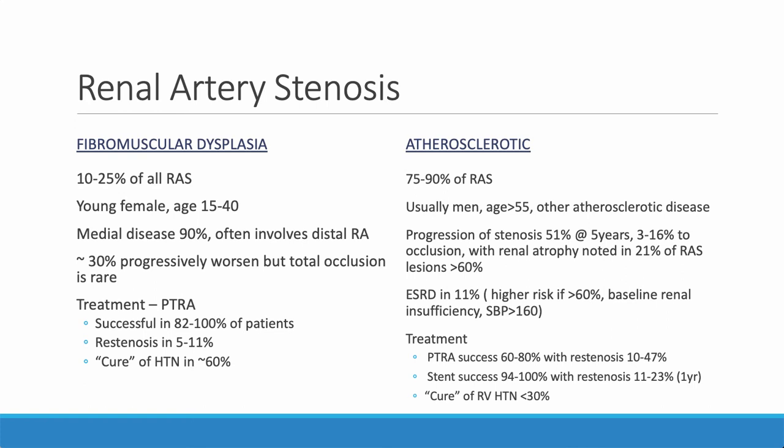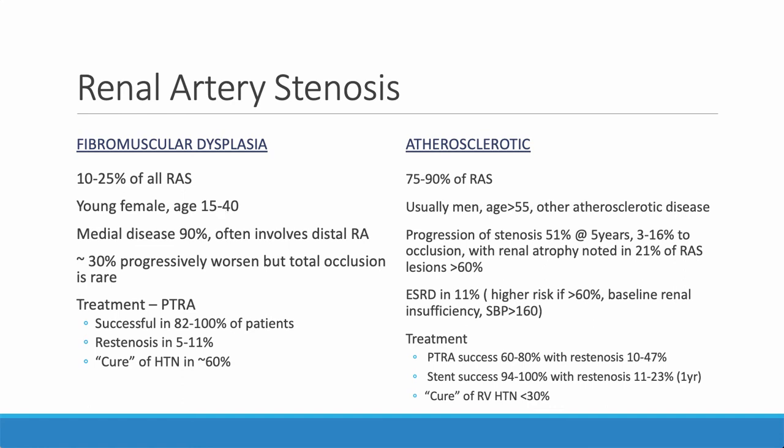And once we fix that, we are successful in 82 to 100% of patients, but we only cure their hypertension about 60% of the time. Most of these patients, even after we restore blood flow to the kidney or full blood flow, we still have trouble keeping their blood pressure under control without medicines. It's easier to control, but we still need medicines. So that's the kind that we see in young women.